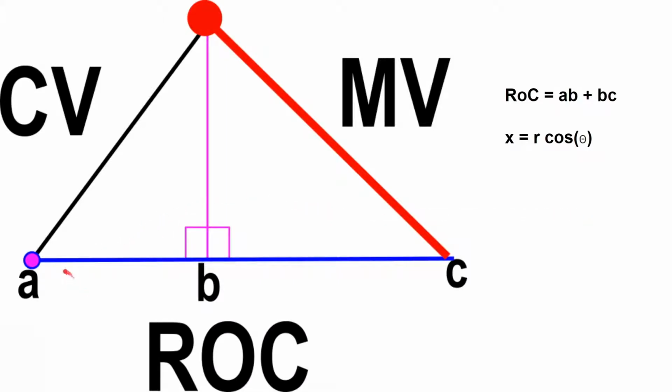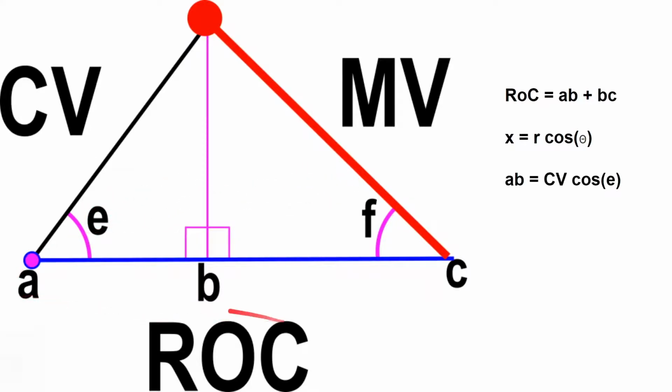If you think of the blue line as the x-axis and the purple line as the y-axis, the formula for the blue segment is x times the radius. In this case, the radius will either be the CV or the MV times the cosine of these inner angles. So actually draw those in.